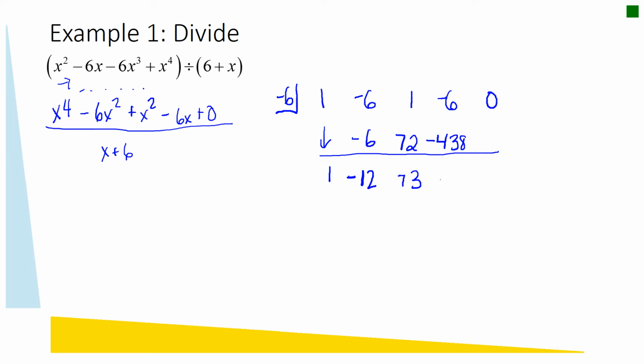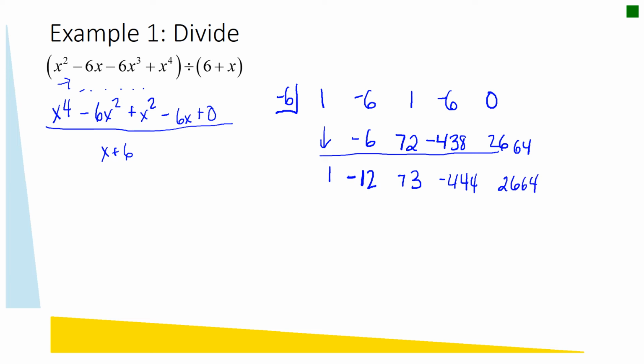That's negative 444. And I'm going to multiply that times negative 6. And that's 2,664. Yeah, that's a 0. You still get 2,664.